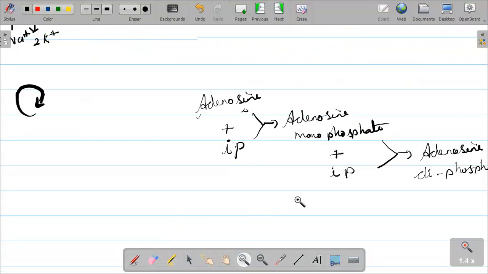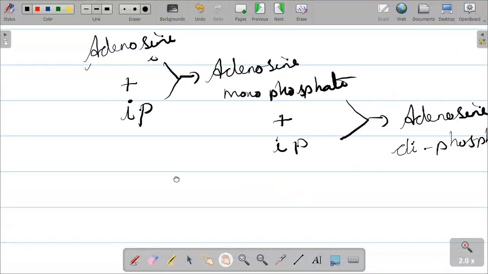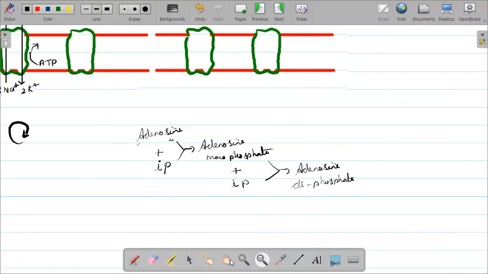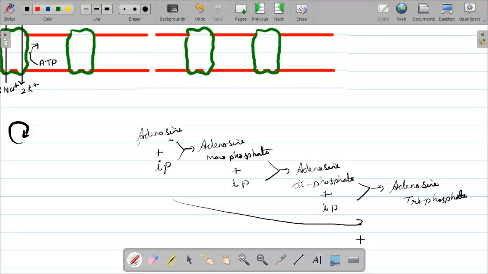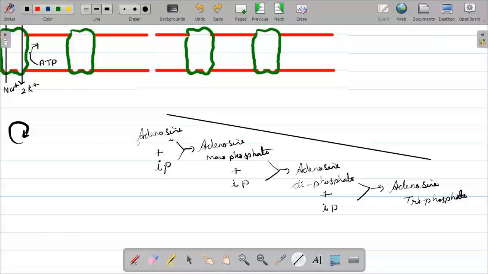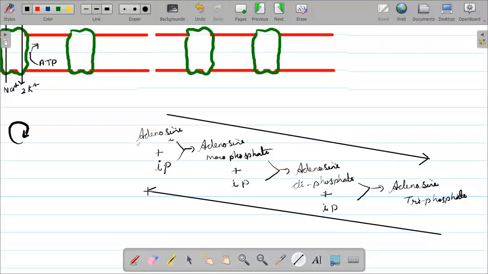To the same adenosine diphosphate, if I add another molecule of inorganic phosphate, they will form adenosine triphosphate. This is how ATP is generated. This is the way ATP is formed, where energy is stored. This is the way energy is released. So it's the opposite pathway.